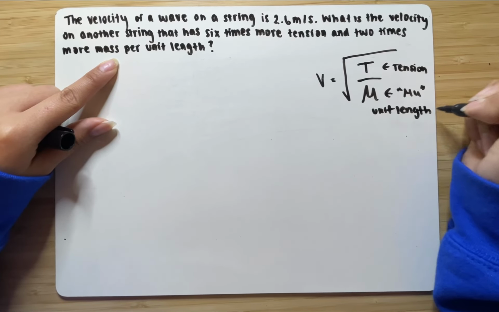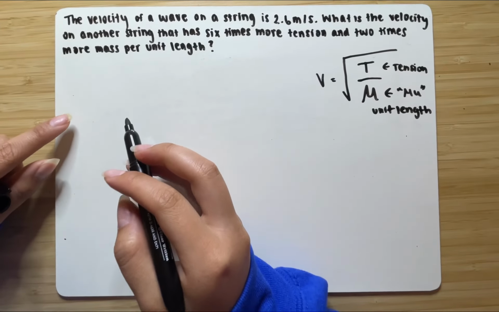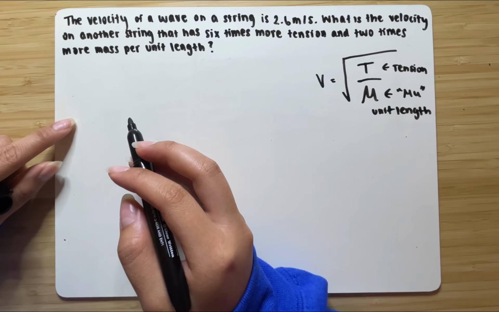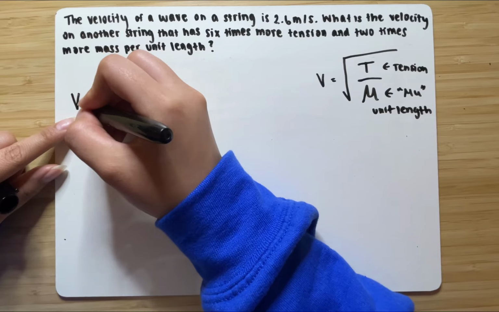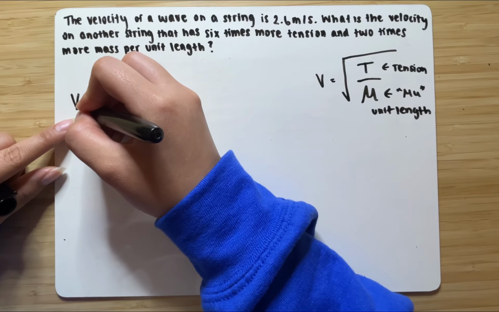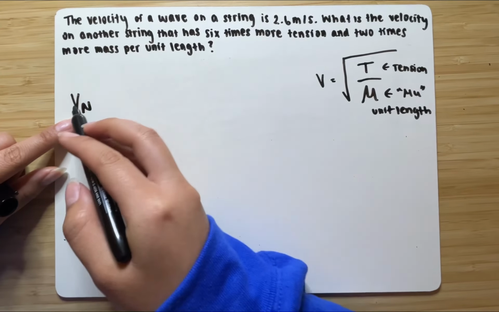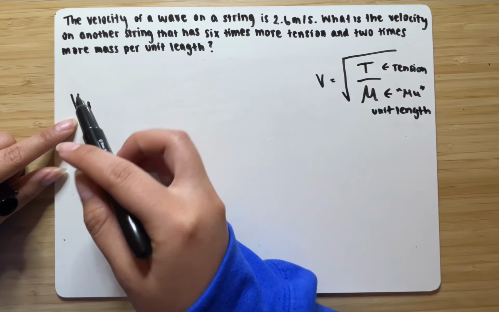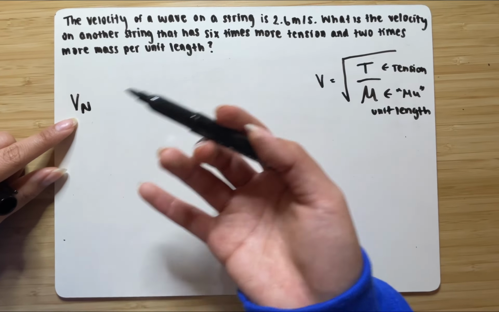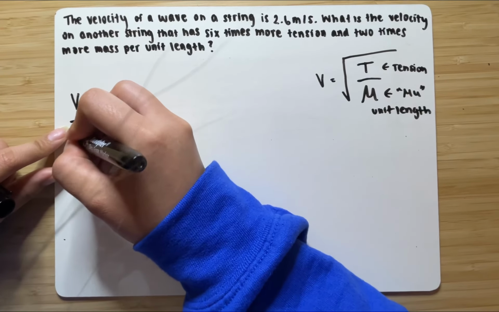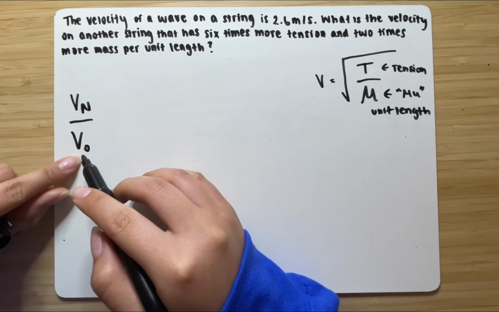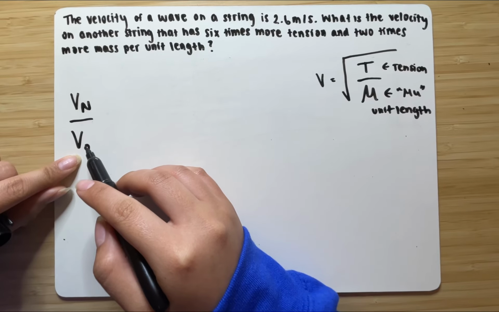Okay, now we're going to set this up as a ratio. So we have the velocity of the new string. So v sub n is going to be the new string, which stands for the other string, okay? And then over v sub o, which is the old velocity.